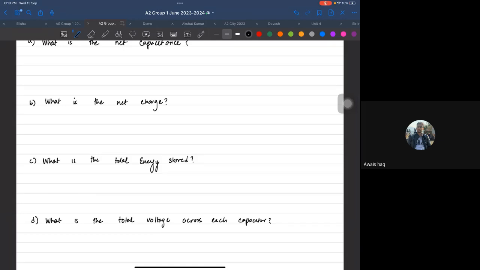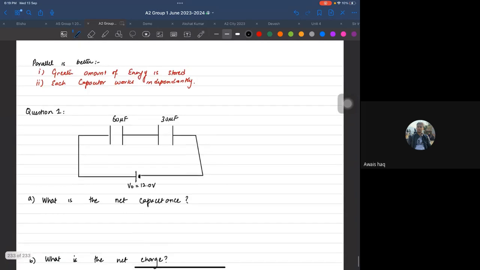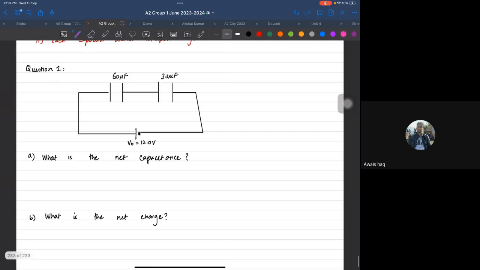Now, for the first one, if you see, this is a series circuit. When you have a series circuit, we know that the formula we're going to use is 1 upon C total equals 1 upon C1 plus 1 upon C2, which we can write as 1 upon 60 plus 1 upon 30.